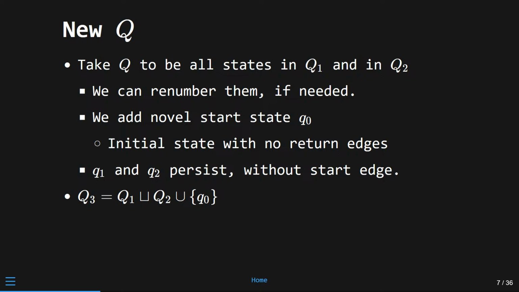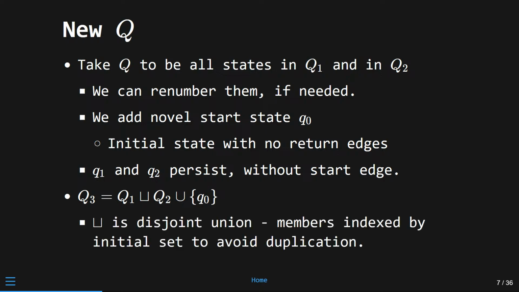So if I take the union of 1, 2, 3, and 1, 2, I have 3 elements. If I take the disjoint union of 1, 2, 3, and 1, 2, then I have 5 elements. So I don't call them 1, 2, 3, and 1, 2. Now I call them 1 sub 1, 1 sub 2.